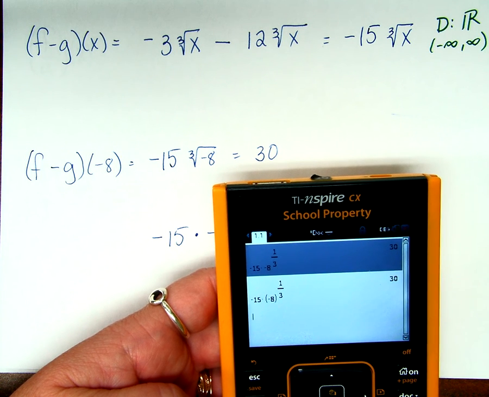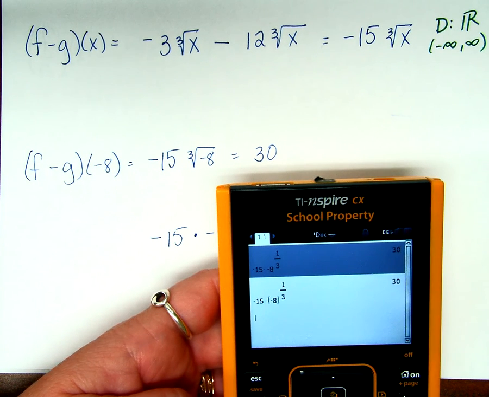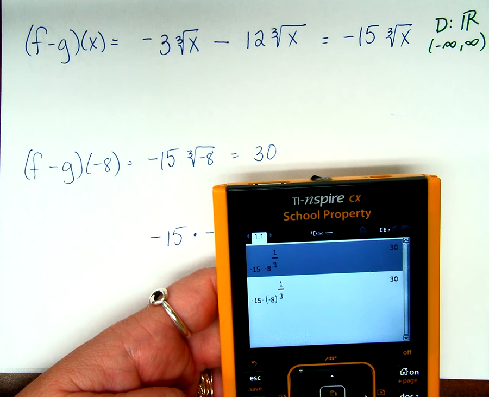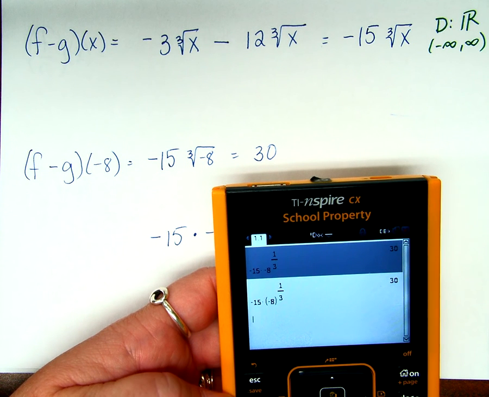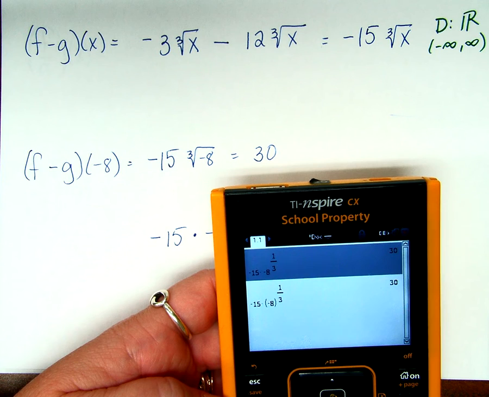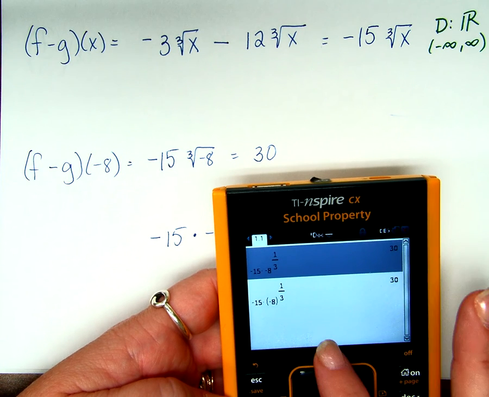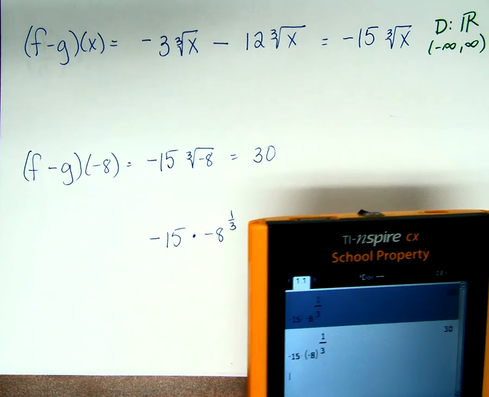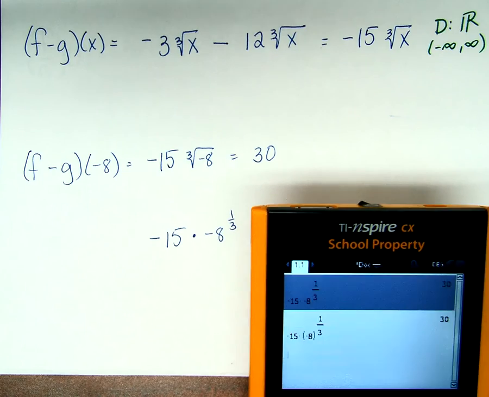Like there's one probably in your homework that you're going to have negative 27 raised to the 10/3 power. I don't want to do that in my head. I could if I had long enough, probably eventually, but that's why we're using the calculator for these, because we don't want to get caught up in the arithmetic. We want to be able to do the functions.